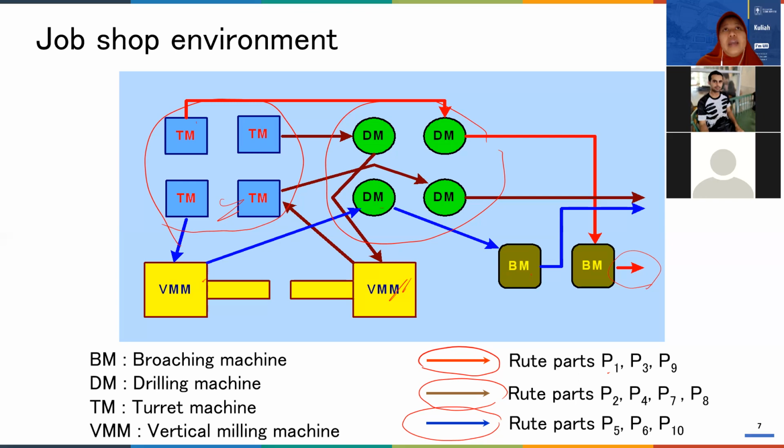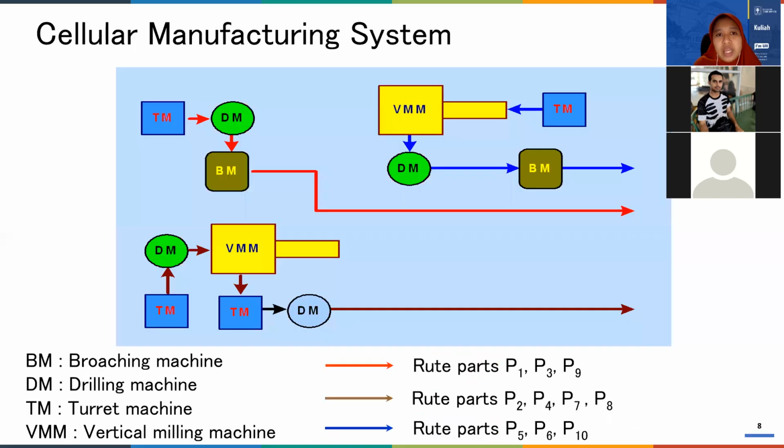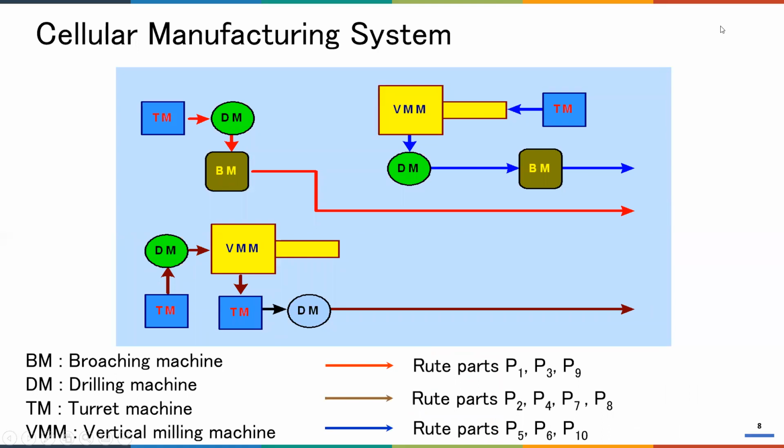And that's why, although the process layout is good for typically high variety of products, the movement should also be considered. That's why there is CM, or cellular manufacturing, to help lay out our facility better by having the same group of machines to process the same part family.